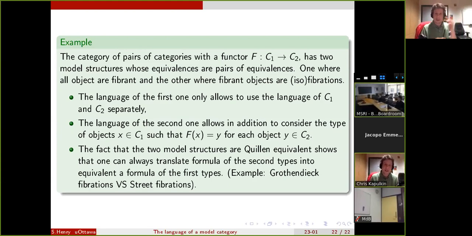I was wondering, you probably said it in the talk at some point, but I just wanted to check. It will indeed be true that if you have a Quillen functor that induces an equivalence between the languages, then it's a Quillen equivalence.